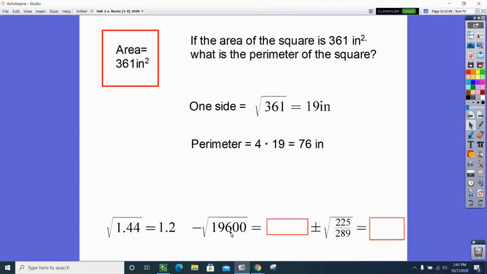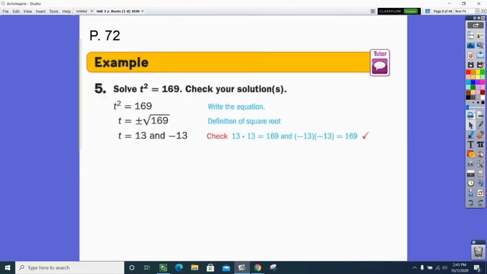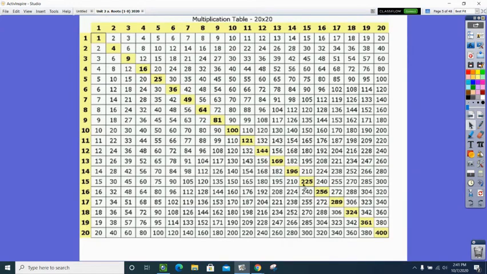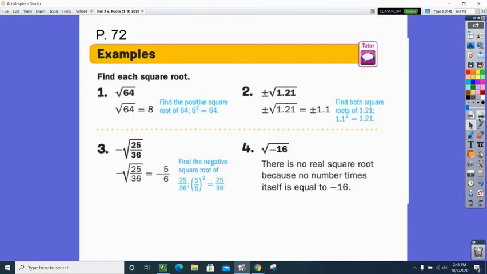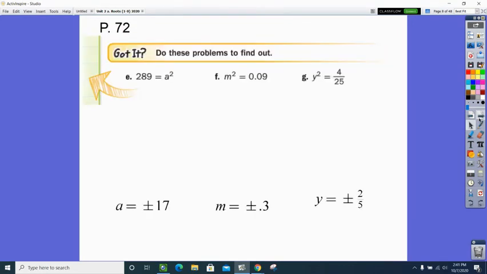Holy cow, that's way bigger than my perfect square trail. 196 though, wait a minute. 196 sounds familiar. And oh, look, 196 would have been 14, but I put 2 zeros on the end. So 14 times 14 gives me 196.